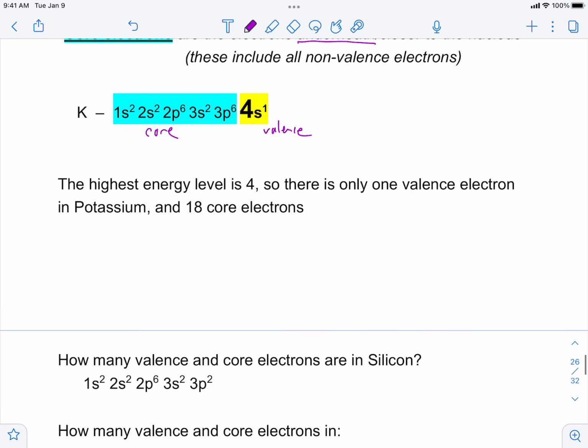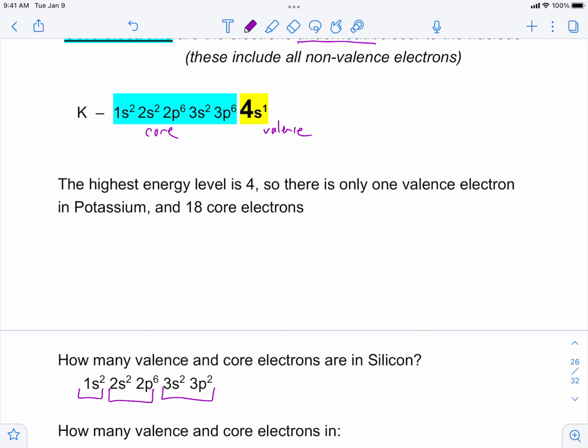All right, so if we look at silicon here, this is the SPDF notation. How many electrons are core and how many are valence? So first off, ask yourself, how many energy levels are there? So energy level 1, energy level 2, energy level 3. That's 3 energy levels.